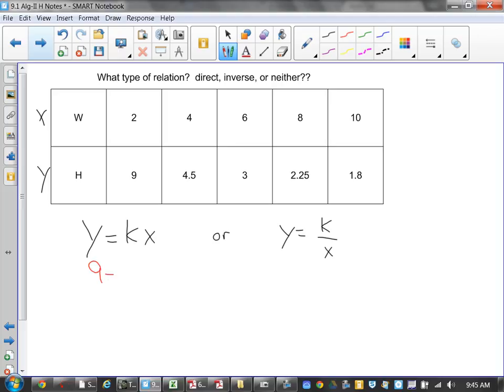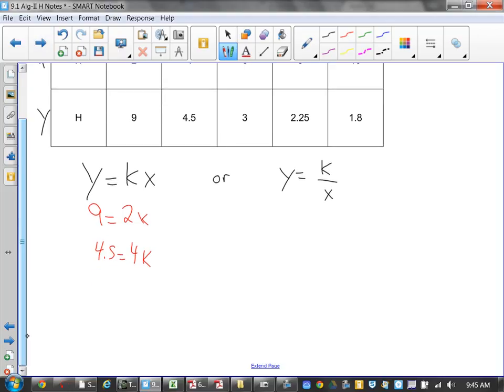Does 9 equal 2 times something? Does 4.5 equal 4 times something? Does 3 equal 6 times something? Is this value of k staying the same each time? Well, how would you check?